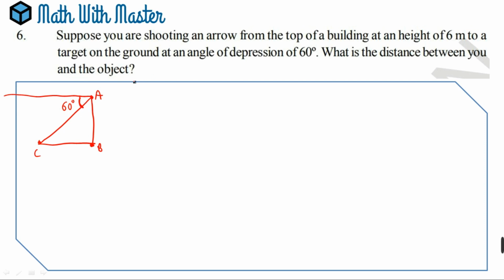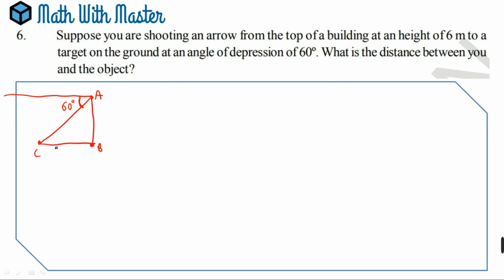So here we have a transversal. These both lines, BC and the vertical from A, are perpendicular, so they both are parallel to each other, and AC is a transversal between them.